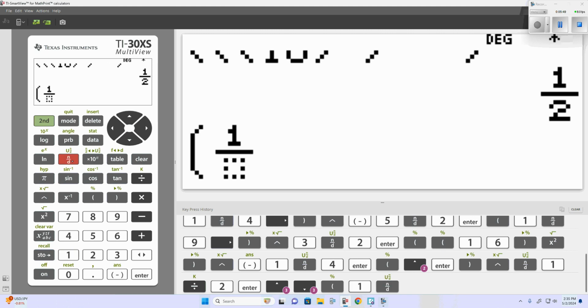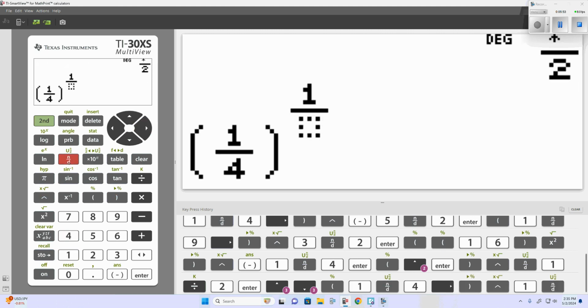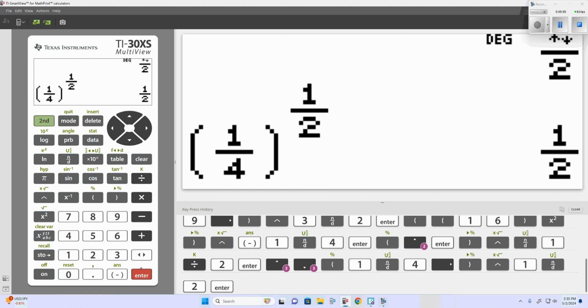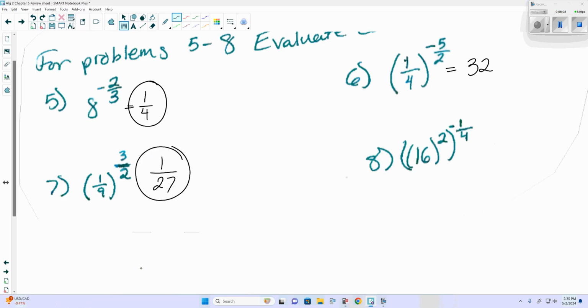I'm going to say 1/4 to the 1/2, which is 1/2. We can find what we can and then do it again. Either way works. So any questions on 5 through 8? We ready for 9 through 12?